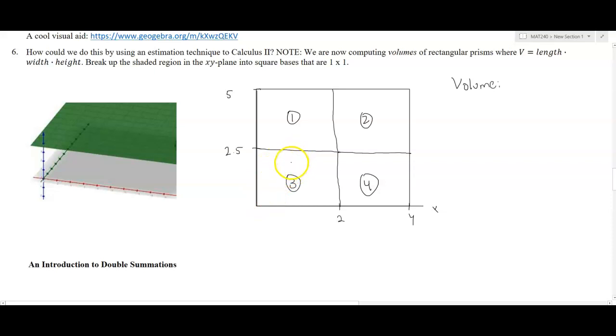It's not really going to matter for this example because the height of the surface is everywhere the same. But let's suppose that I picked the center point inside of each one of these. So these are the center points, and I looked at the height at each one of these locations.